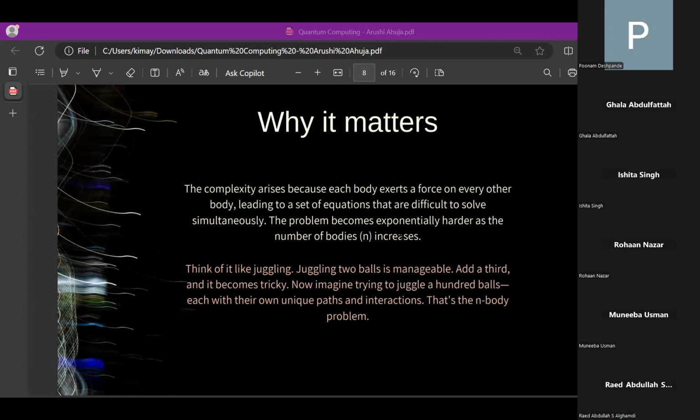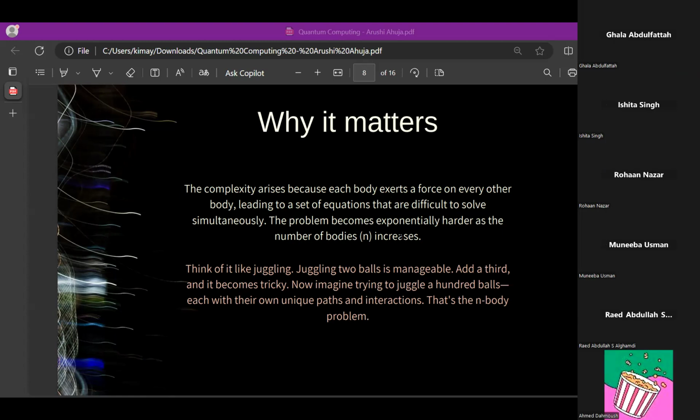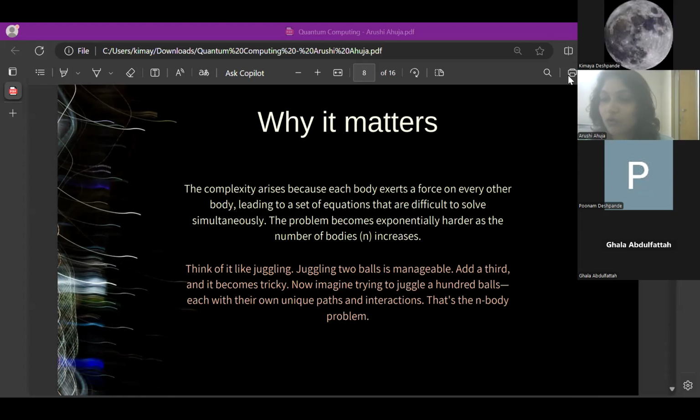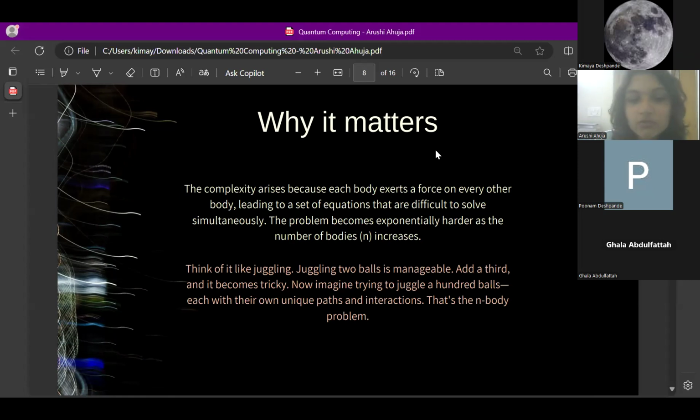And the way you can think of it is like you're juggling. When you're juggling 2 balls, it's manageable. But the more objects you add, your mindset into how to balance each of those objects sort of shatters, or the task becomes difficult. And so here you can consider each ball as a different equation of calculating gravitational force between two objects.